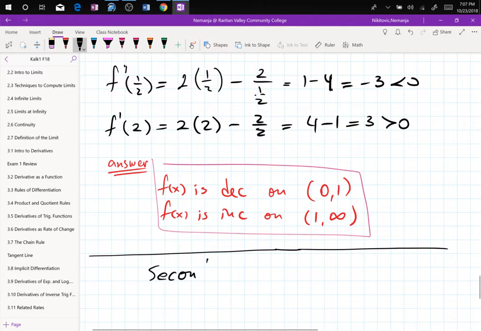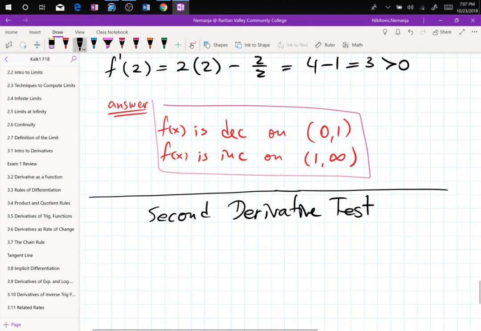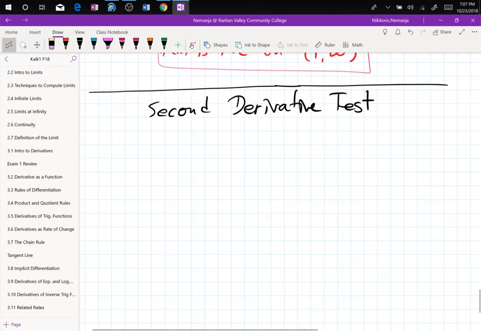So, second derivative test, SDT. So now we will talk about those concavities.